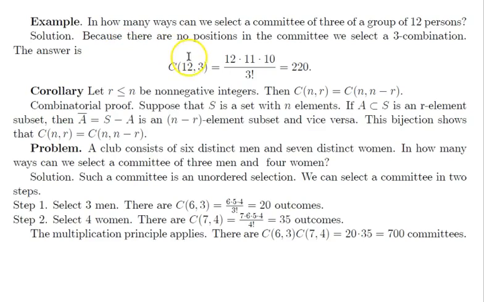The number of 3-combinations of 12 objects is C(12,3), and we have a formula for that. When you perform computation by hand, it is more convenient to use this formula. If we use a calculator, there is a special function there to compute C(n,r).